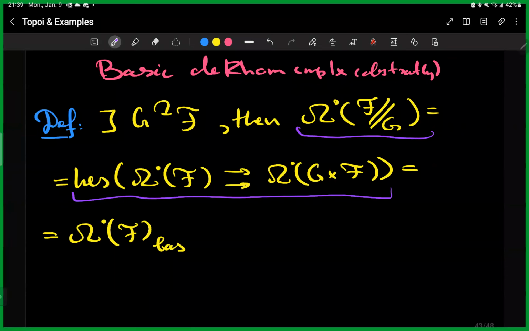And as it turns out, this coincides with the notion of basic differential forms, which comes from differential topology. I will give the definition in a moment, but if you're familiar with that, then these are exactly the basic forms we're used to.